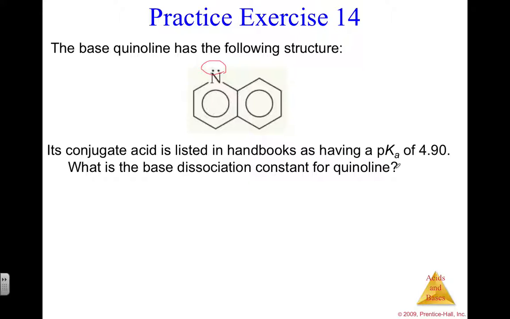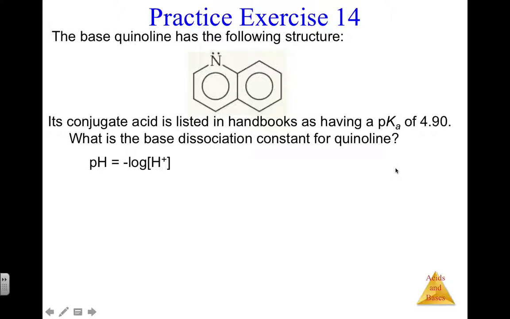Okay, so a couple things to think about. Remember, how do we relate between a pH and an H+? pH equals negative log of H+. So what does this P really stand for? The P in front of anything just means negative log of whatever that is. So how do I relate a pKa and a Ka?